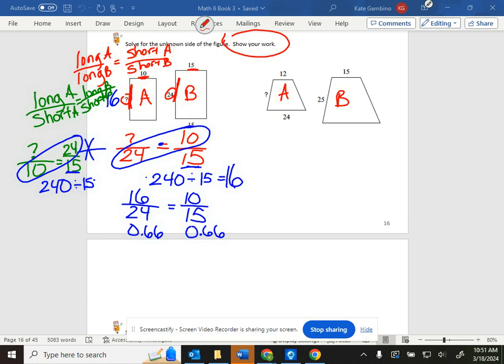Looking here at our A, what do you think I would put as my long A, Jimena? The question mark. Jimena's looking at this and saying that's the long side. So I'm going to put my question mark. So Jimena, do I want to do long A over long B or long A over short A? Which method? Okay, so what would I put for my short A?